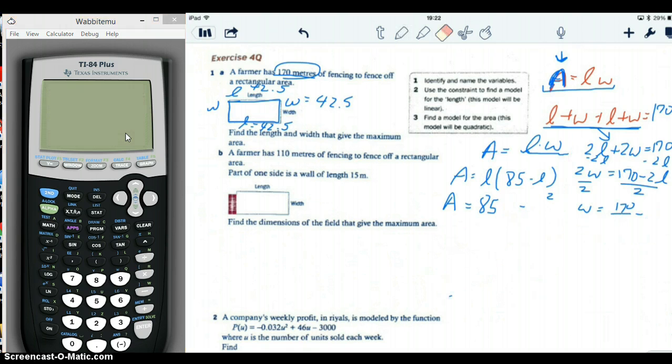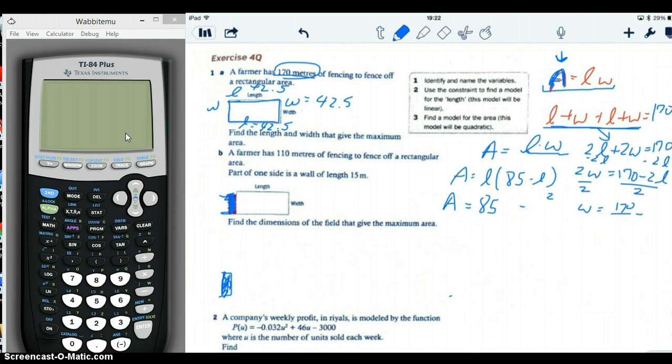Okay, now here we have an interesting variation on the problem. They have a short wall, and they're going to use this wall to not have to use so much fencing. The way the drawing is drawn, it's kind of hard to see, but let's say you got a wall here.